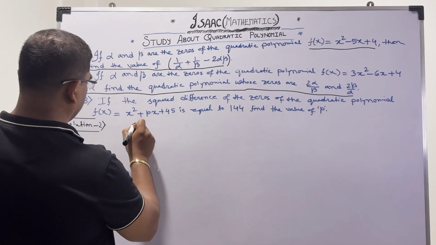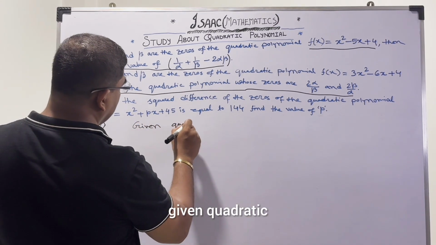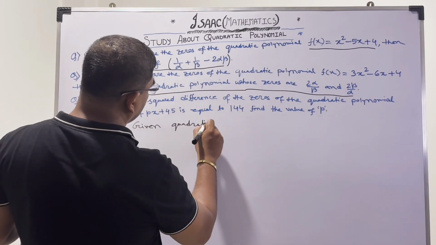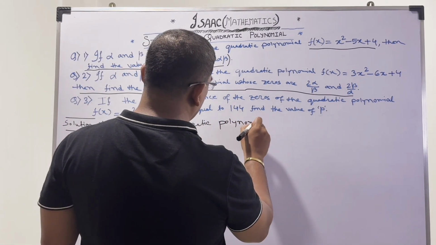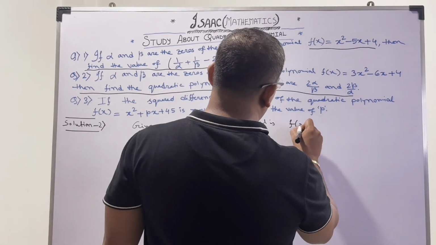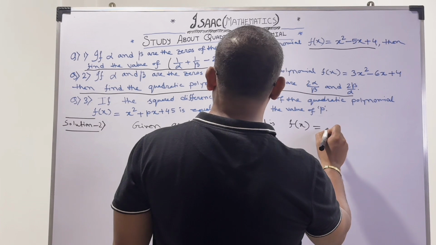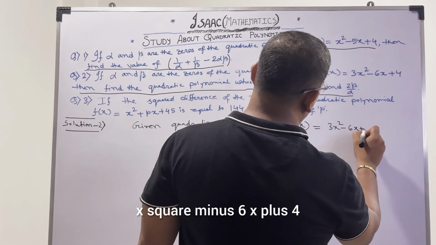Solution 2. Given quadratic polynomial is f of x equals 3x square minus 6x plus 4.